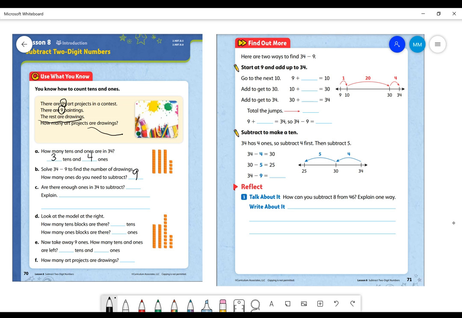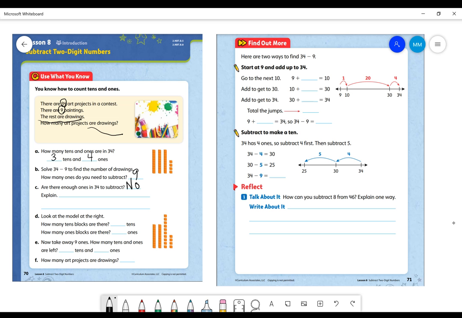Looking at our model over here with our tens and ones, are there enough in the ones place to subtract? So look at the ones that we have. Do we have enough ones right now to take away 9? No. How many ones do we have right now? If I were to take away 9, I don't have enough ones, right?